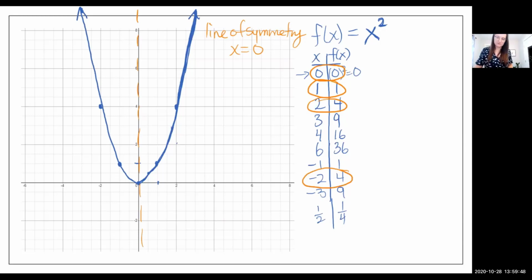Now what I'm going to do is change this and say, what if I have a g of x equals (x minus 2) squared. I'm still going to be choosing x values to put in so that I can get a table of values and graph that.